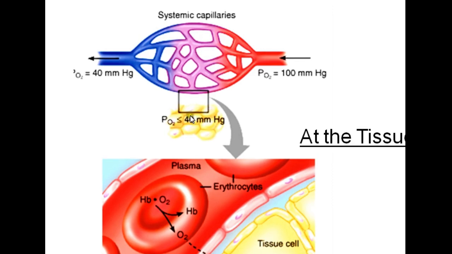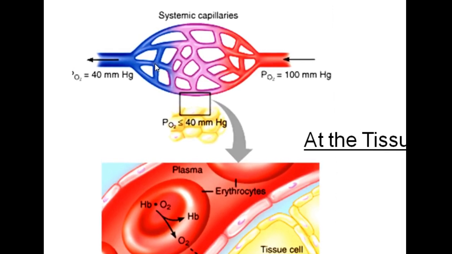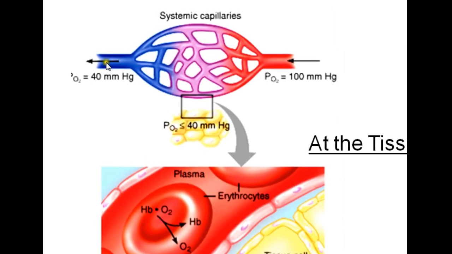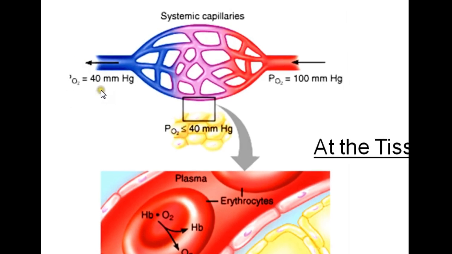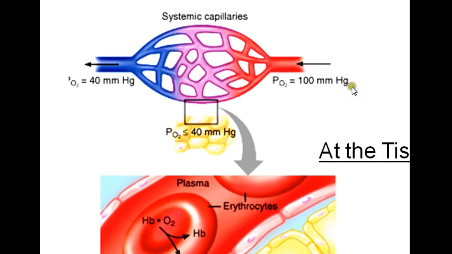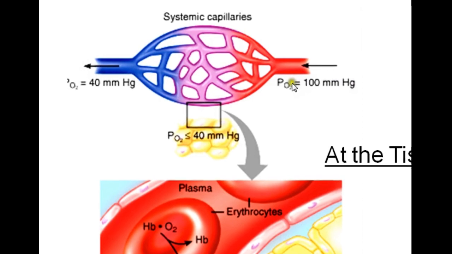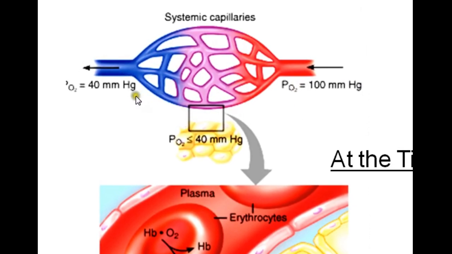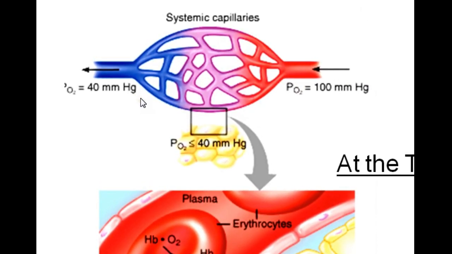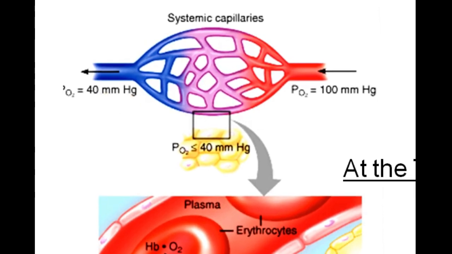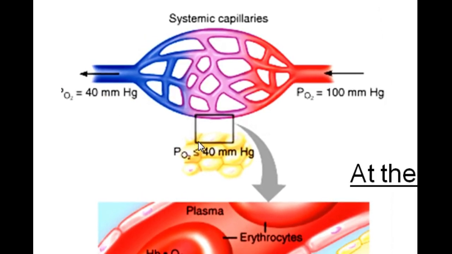The arterial blood that comes with a partial pressure of 100, when it goes to the veins, the partial pressure becomes 40. This happens at the tissue.